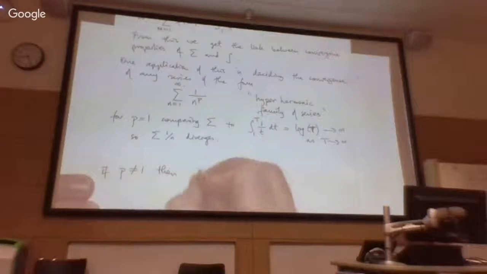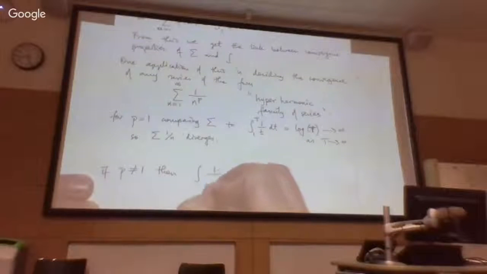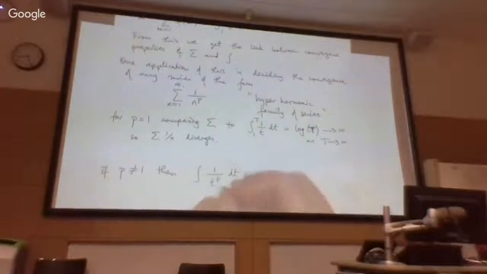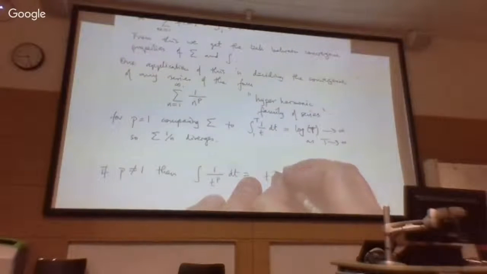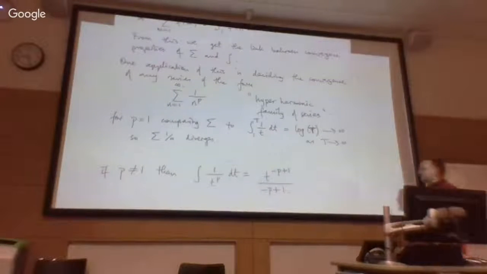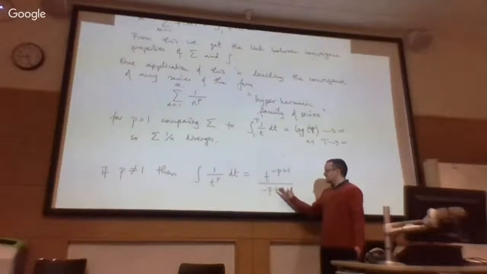And if p is not equal to 1, then we know the integral of 1 over t to the p dt will be t to the minus p plus 1, all over minus p plus 1. The presence of this factor here is not really important.